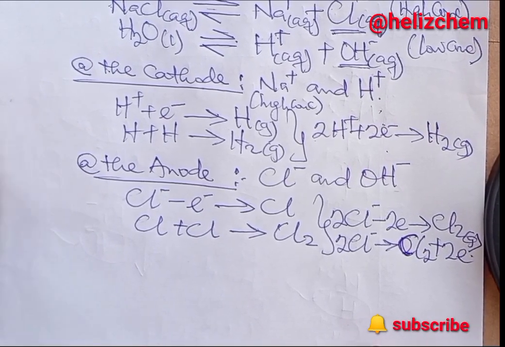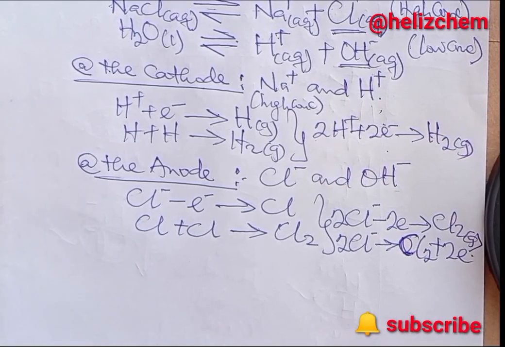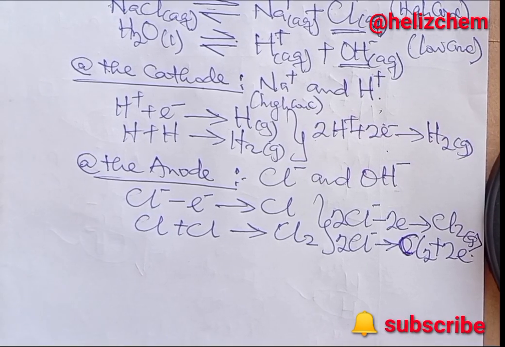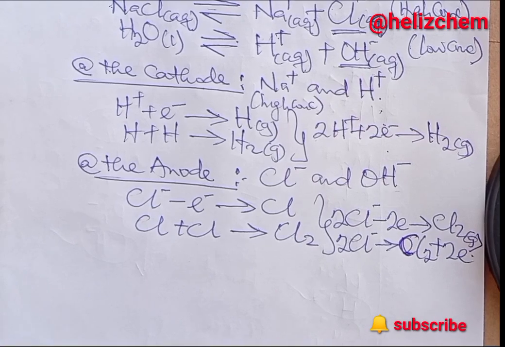If you look at the position of hydroxide and chloride ion, you discover that they are closely positioned to each other. They are closely positioned, and that is why the effect of concentration is important in this case, because the position of hydroxide ion and chloride ion are close to each other in the electrochemical series.